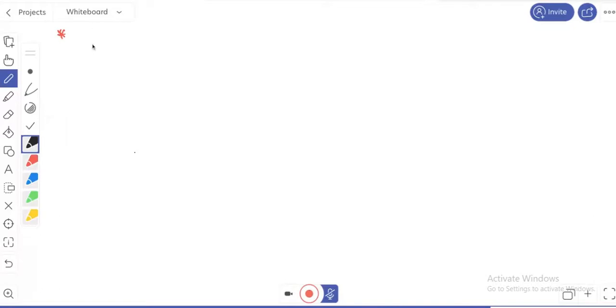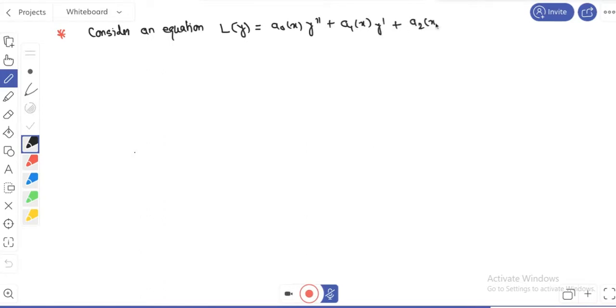Next remark, if we consider an equation, and if you write this equation as a0(x) y double prime plus a1(x) y prime plus a2(x) y equals 0, say this is homogeneous, and say this is equation number (a), when x belongs to interval I. And what are the coefficients here?